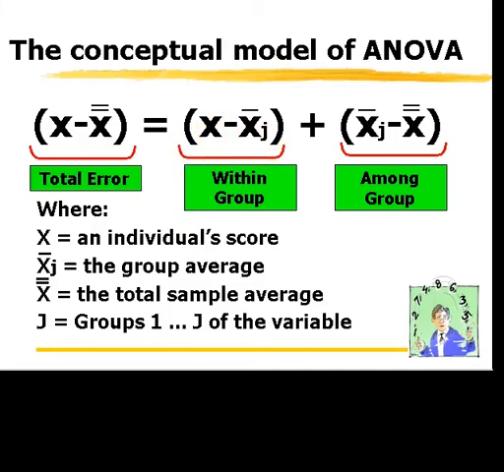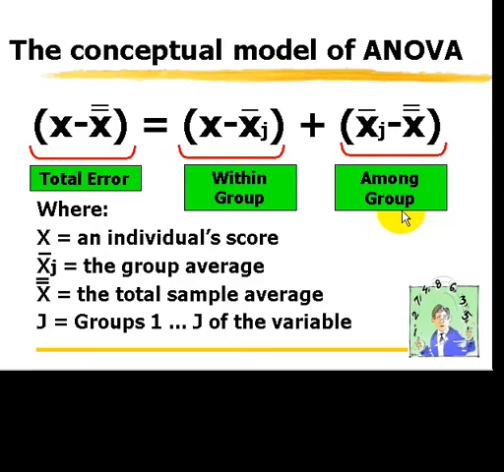Okay? So this is how conceptually analysis of variance breaks out the variation so that you can determine whether there are differences in mean. So think about this conceptual model for a minute. What we're talking about is the total error is equal to the within group error plus the among group error.